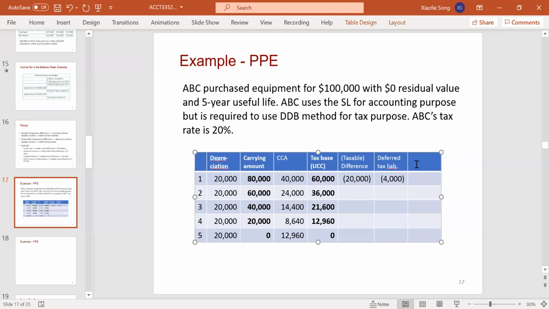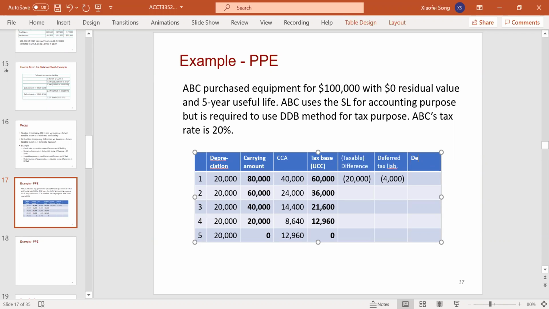In that adjusting entry, we already have half of it, which is a credit to deferred tax liability of 4,000. So we need to debit something, right? We need to debit deferred tax expense. Okay, so that in the income statement, we get what we need.